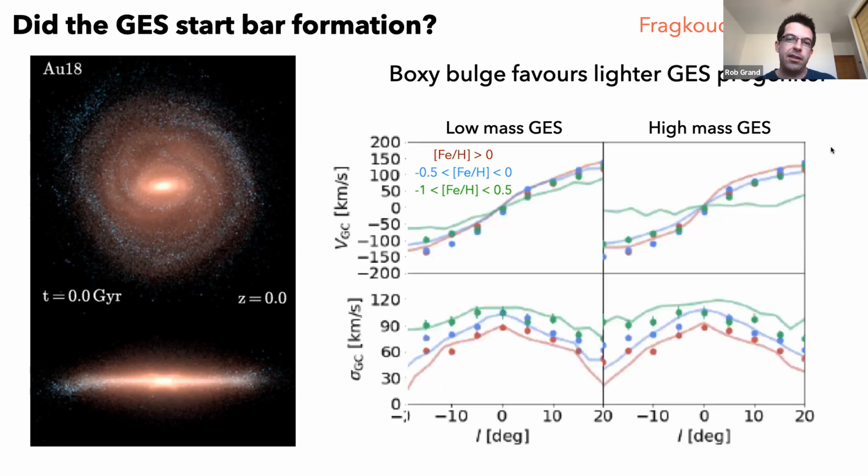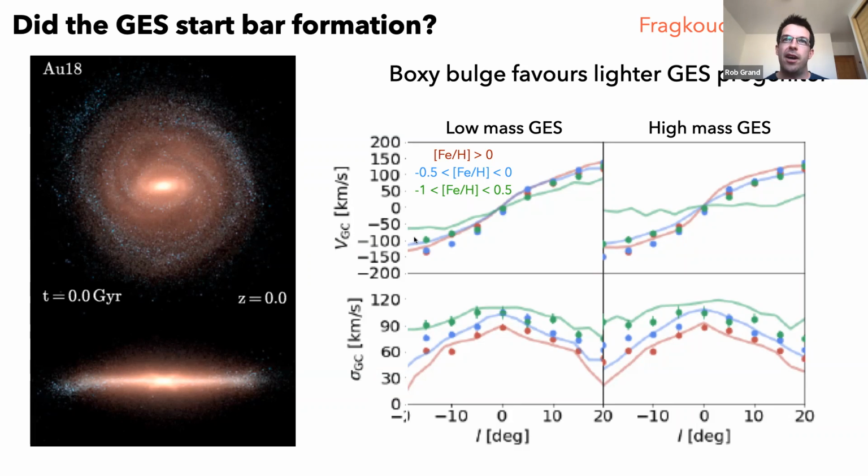So if this is the case, that the Gaia-Enceladus-Sausage merger actually instigated bar formation in the early galaxy, our simulations seem to indicate that it would prefer a relatively low mass merger. If you look at the kinematics of the bulge stars, this is the velocity and this is the velocity dispersion as a function of the galactic longitude, so the line of sight that you're looking at.